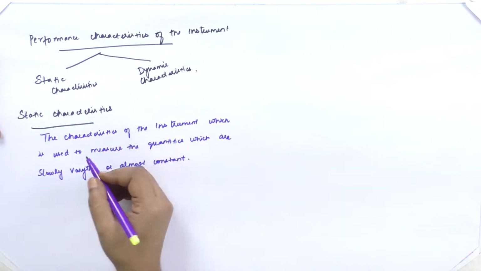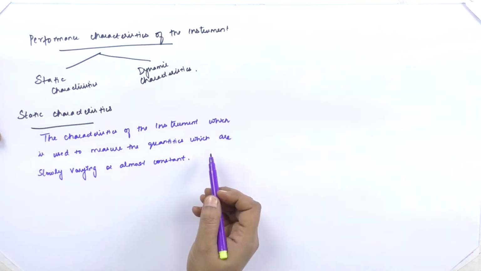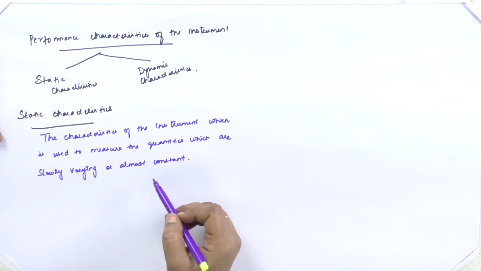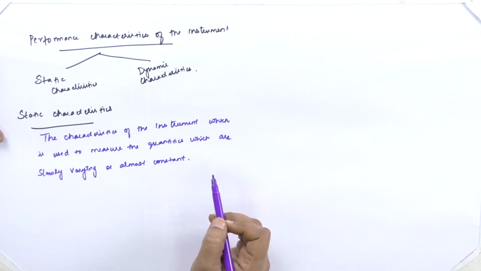So, static characteristics, the characteristics of the instrument which is used to measure the quantities which are slowly varying or almost constant. Almost constant is in the sense it does not vary with time.